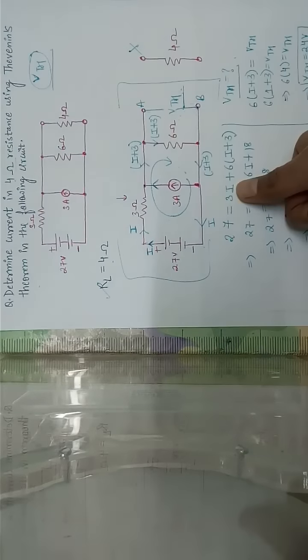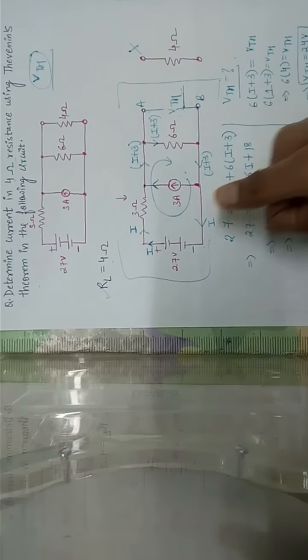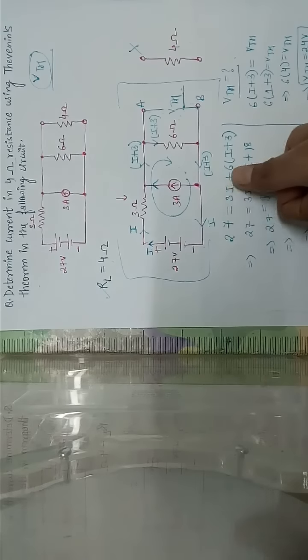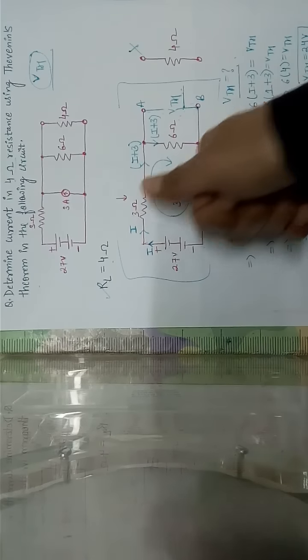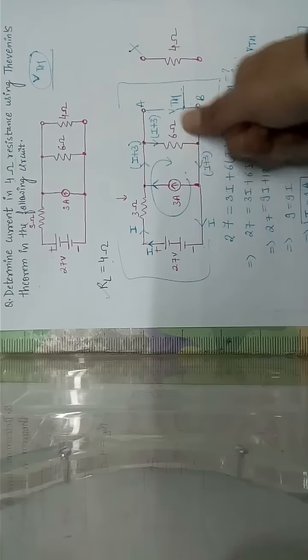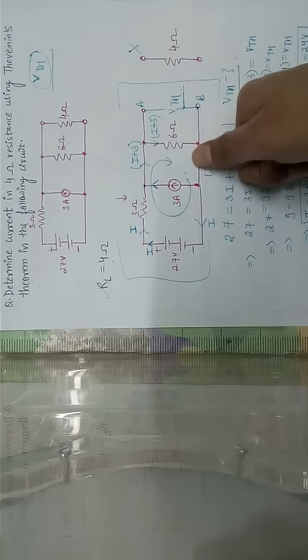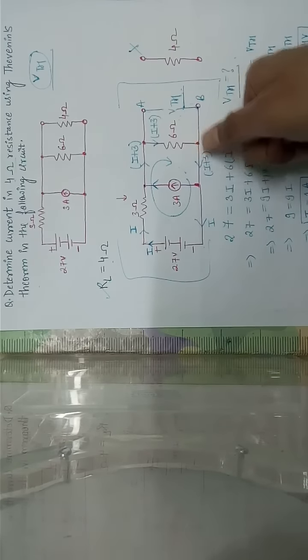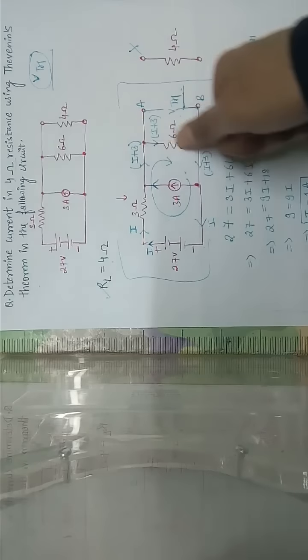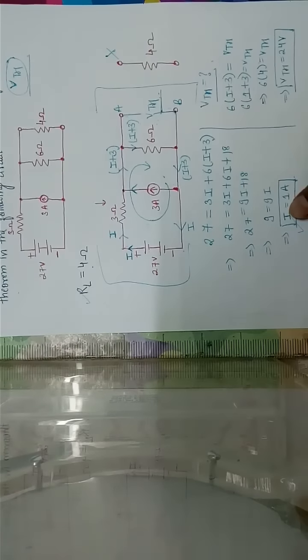So this is how we get our equation by applying KVL. That's 27 is equal to 3I plus 6I plus 3. The loop that we are considering over here is this one. After this, we find the current was 1 ampere.